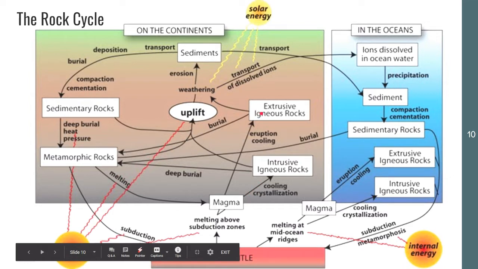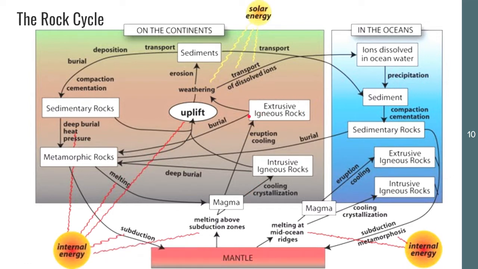Now, if your extrusive rocks eventually undergo uplift, they are now found above the Earth's surface, on volcanoes or mountains, and they undergo weathering and erosion, they could become what you call sediments. And sediments have two destinations.